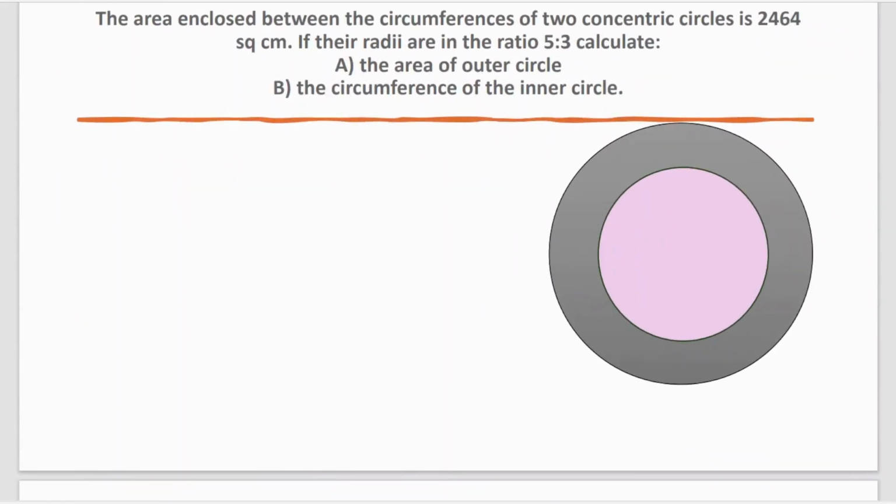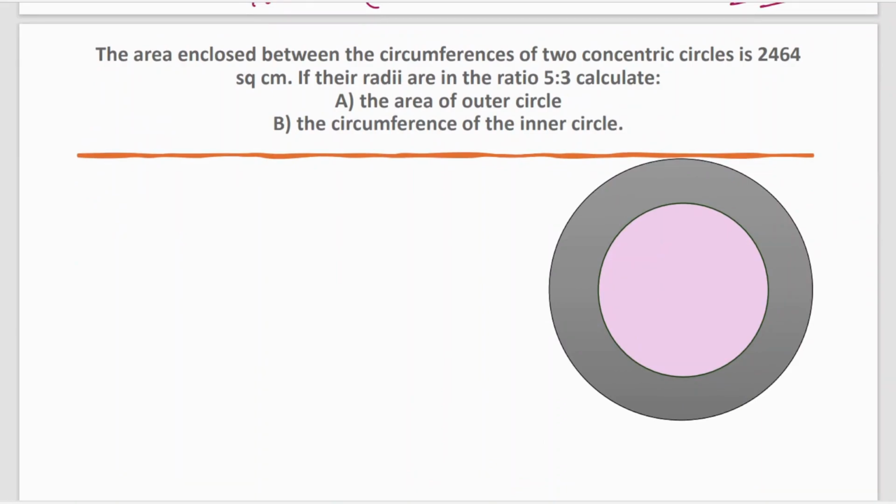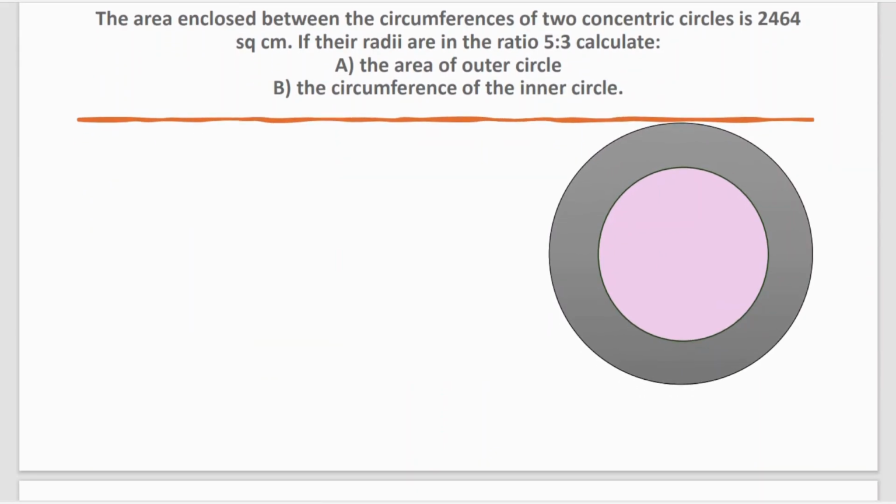Next, the area enclosed between the circumference of two concentric circles is this, and they have given me the radii in the ratio 5:3, and they are telling me to calculate the area of the outer circle and the circumference of the inner circle.